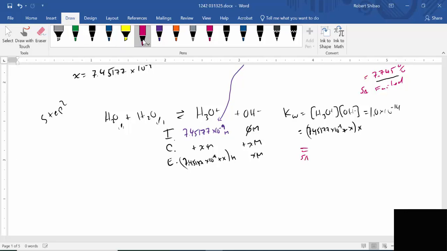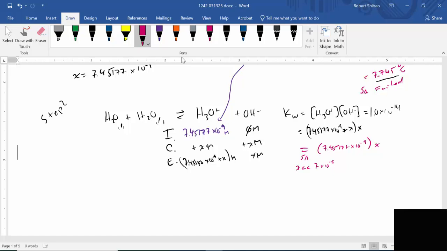In this case, we're just going to say x is smaller than 7 times 10 to the minus 9. So if that's the case, then this is just going to be 7.45177 times 10 to the minus 9. And then the x disappears from the binomial, but we still have this x out here that doesn't disappear. And so the calculation is so quick.